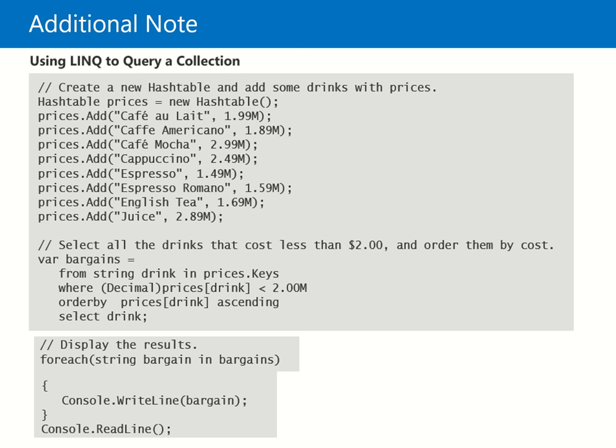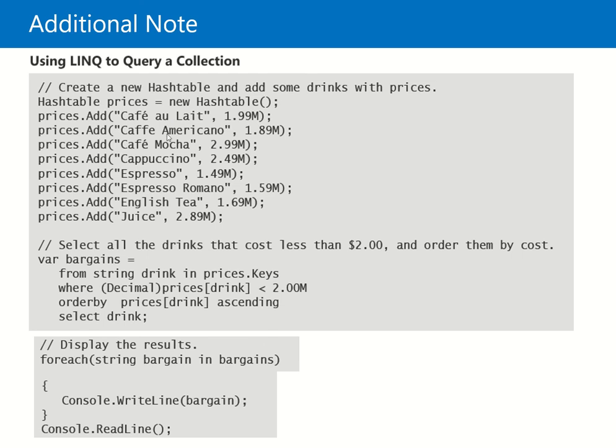Okay, so to make a little bit more sense. Now let's say you create a hash table called prices, which is a new hash table. You construct a hash table called prices. Now you want to add values into this prices hash table. So the prices hash table, first key-value pair is cafe au lait, and this is the price.